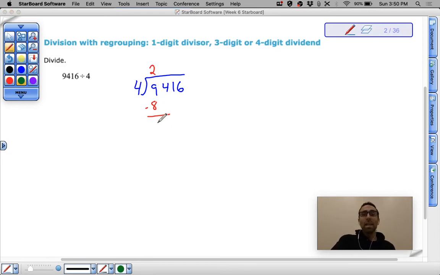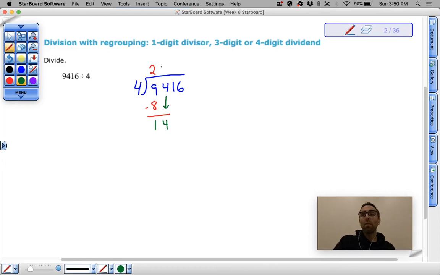9 minus 8, I get an answer of 1. And then I'm going to bring down the next digit right next to it, which is a 4. And now I'm going to try and see how many times I can get 4 to go into 14. And before I said I had 4 times 2, I got 8. 4 times 3, I get 12, which is smaller than 14, which is good. If I do 4 times 4, I get 16. 16 is too big, so I'm going to go back to that 3 and then stick with that over here.